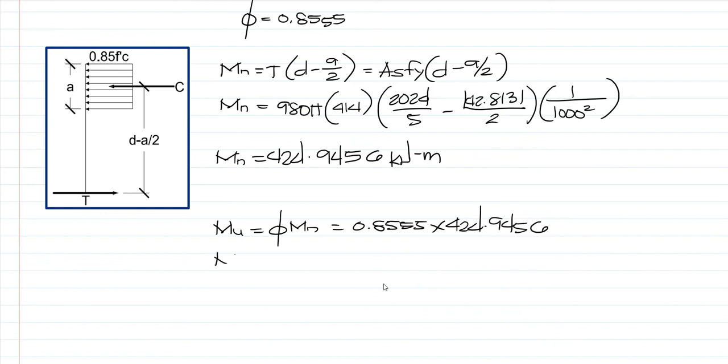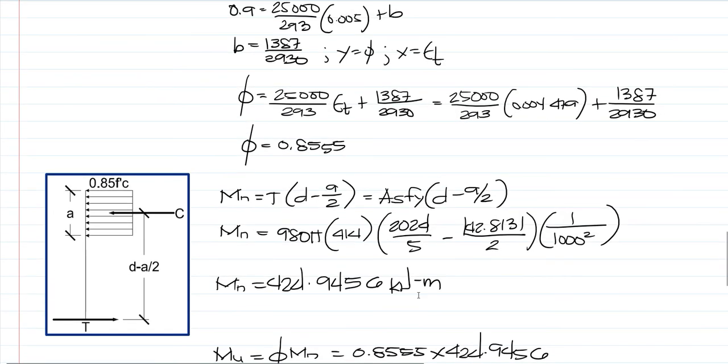So, our ultimate moment now will be equivalent to a value of 363.541. So, this is in kilonewton meter. Ito ngayon yung hinahanap natin na ultimate moment, at yung isang hinahanap is yung ating reduction factor, which is 0.855.